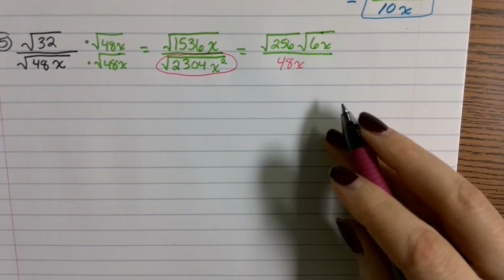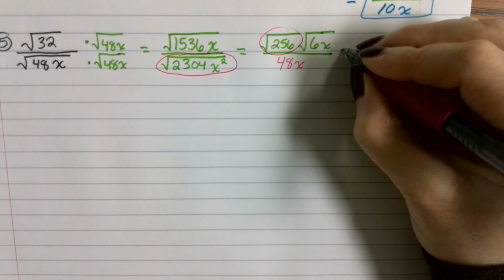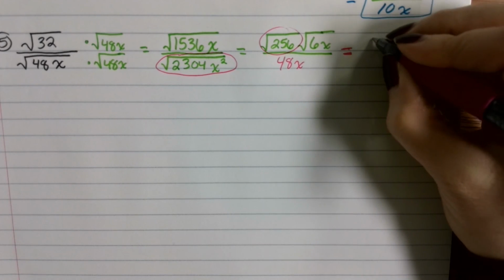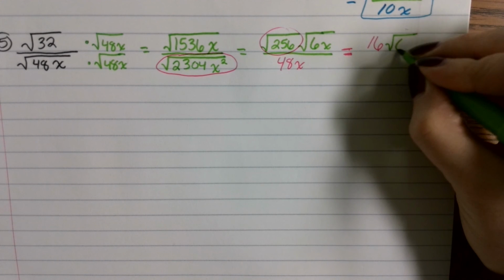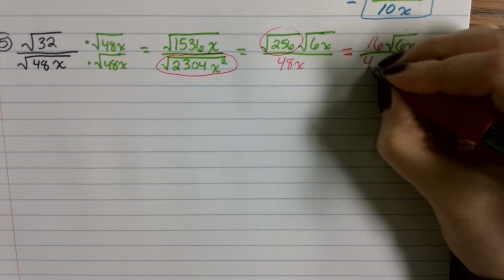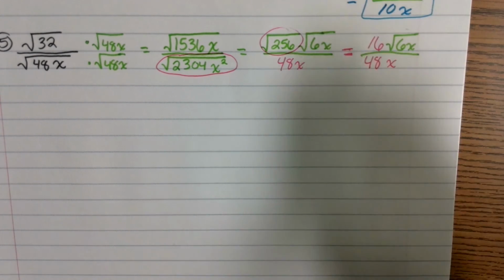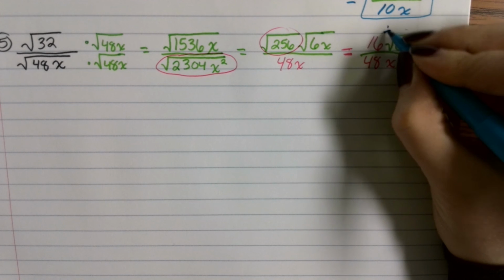Now, square root of 256 is what? Come on, guys, it's a perfect square. What is it? 16. So you get 16, and then you get the square root of 6x over 48x. Can I simplify 16 and 48? What are they both divisible by? Well, they're both divisible by 16.